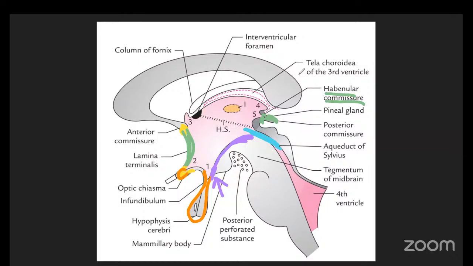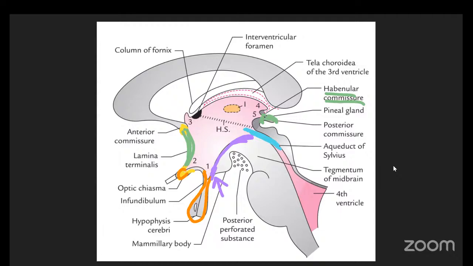Floor is also easy if you remember this lateral sequence. Anterior commissure, lamina terminalis, then we have chiasm, then we have infundibulum, which is basically the pituitary stalk, and then we have the tuber cinereum, which is marked in other images, not here, mammillary bodies, tegmentum of the midbrain, and then the aqueduct of Sylvius, and then we go posteriorly. Are we all on the same page till this?